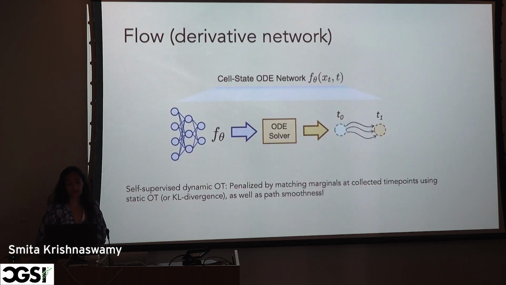Okay, so now the flow network. This is a derivative network. This is a neural network that generates instantaneous time derivatives parameterized by time. So time 0 derivatives are derivatives on the data you measured, and then you could have another time point that's even in the gap between the data set. This derivative network is accessible to an ODE solver.